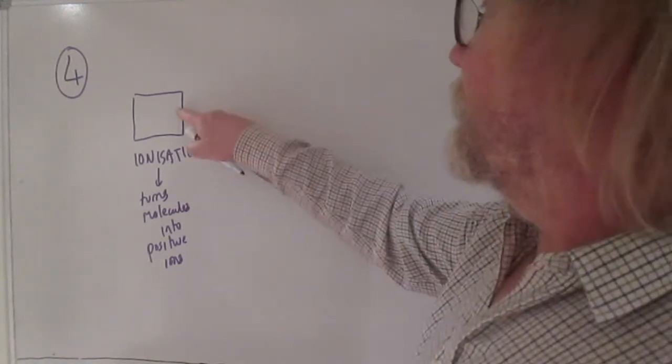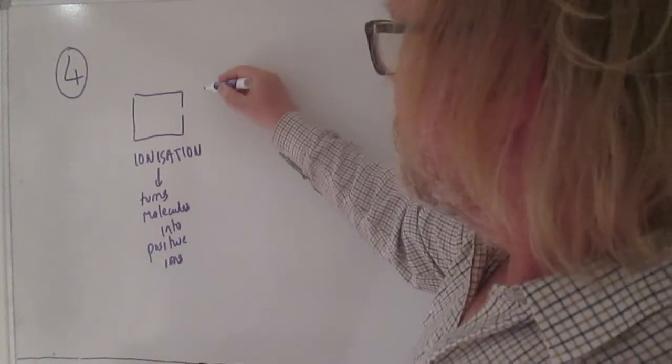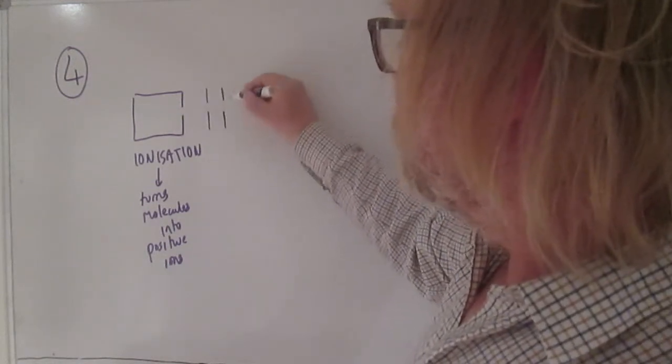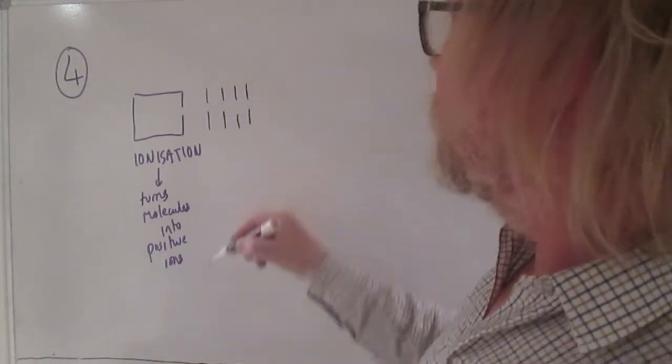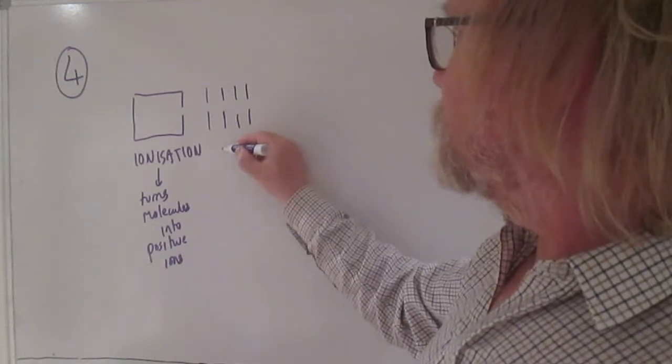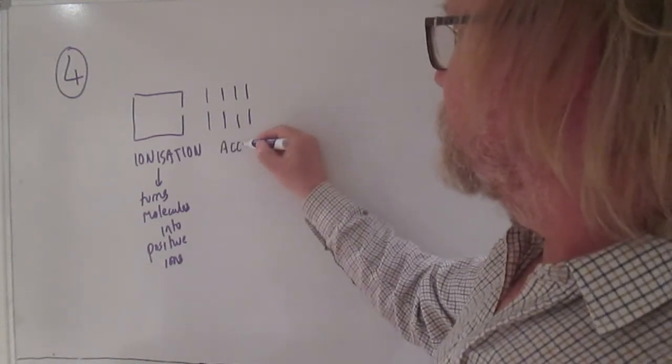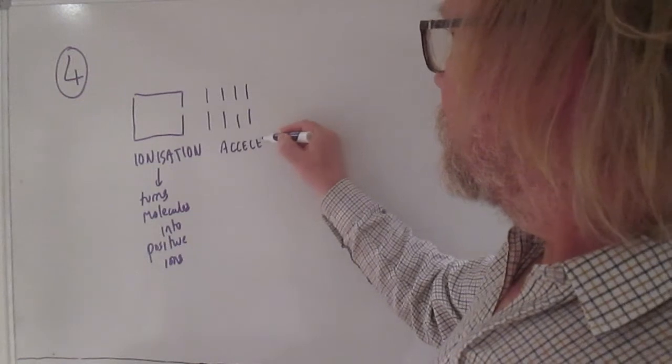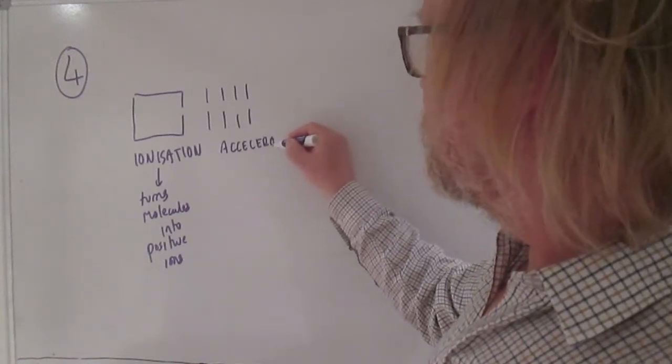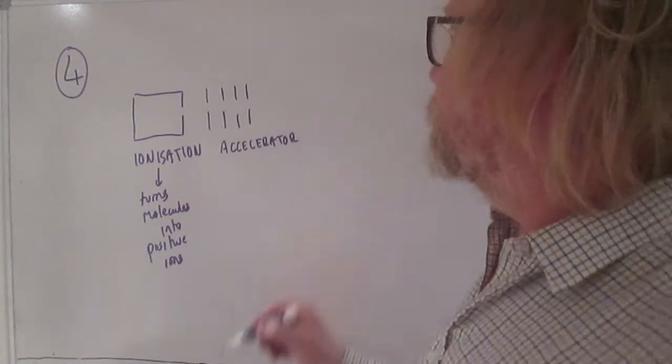Now what you then have is some kind of device which I'll draw like this, and basically this is called an accelerator or acceleration section.